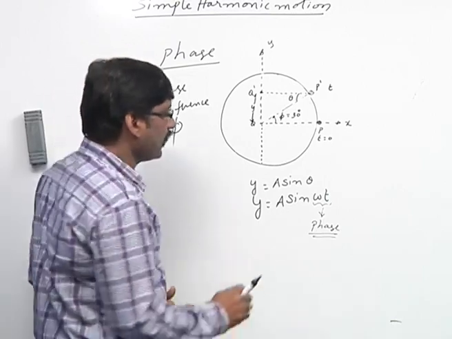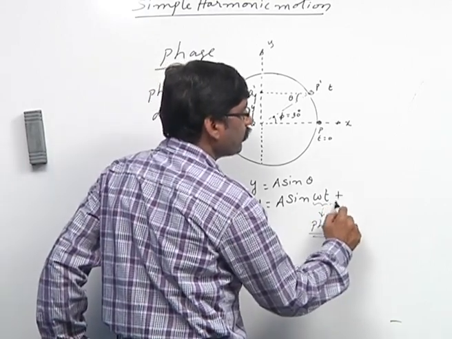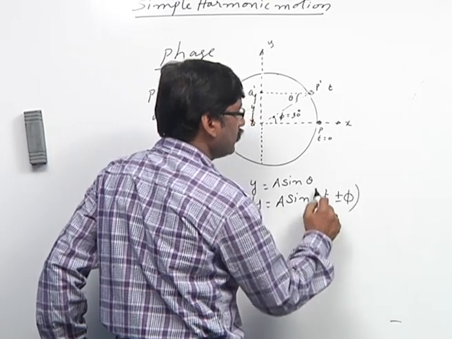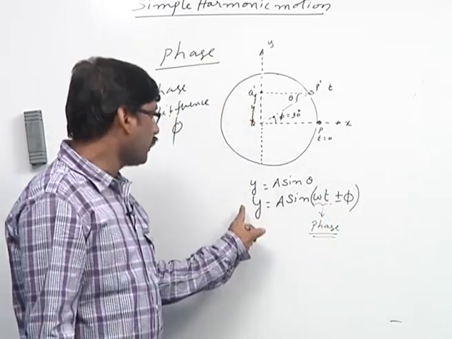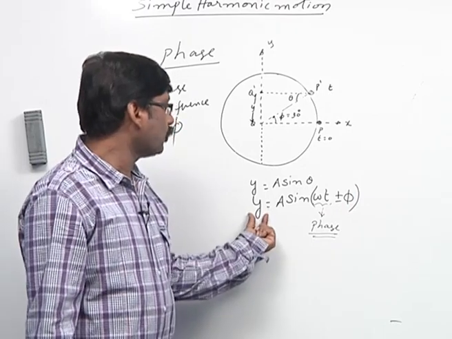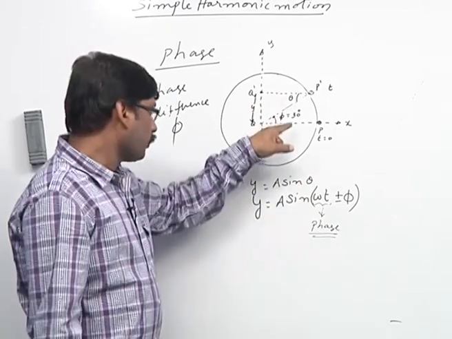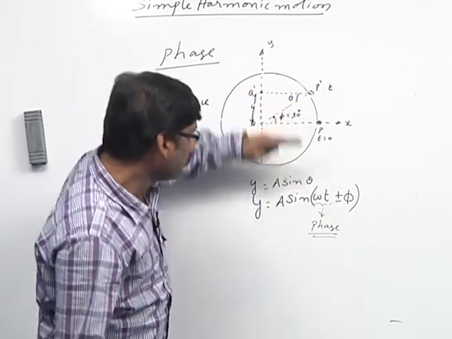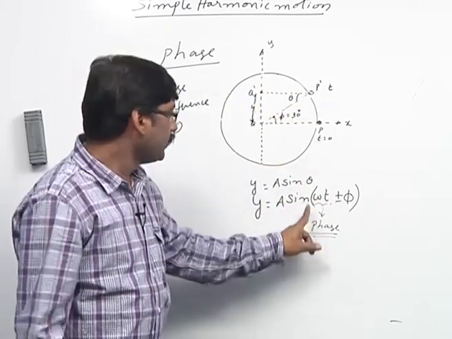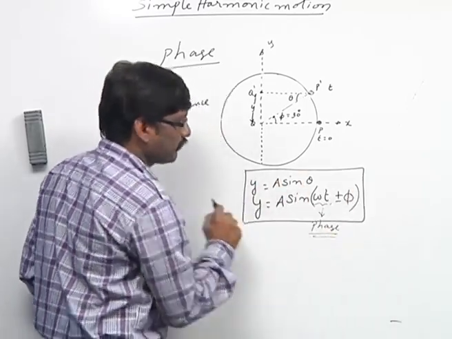That's why in general we write y is equal to a sin omega t plus or minus phi. This is the complete equation of SHM. Depending on whether it starts from here or here, take plus or minus phi.